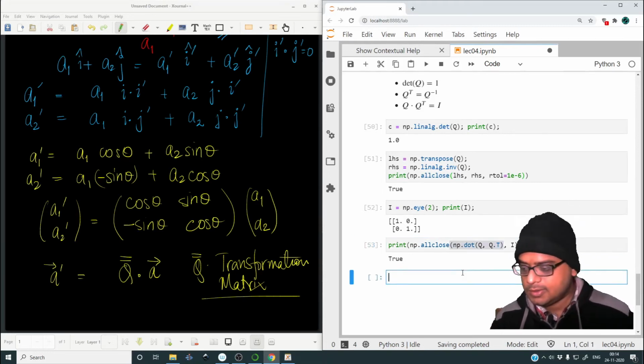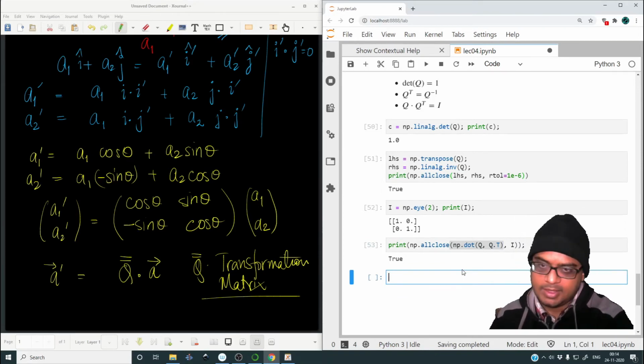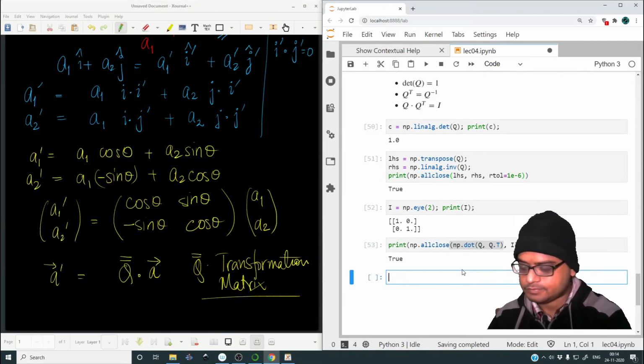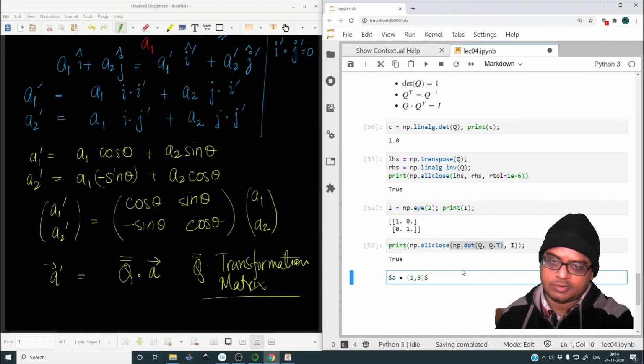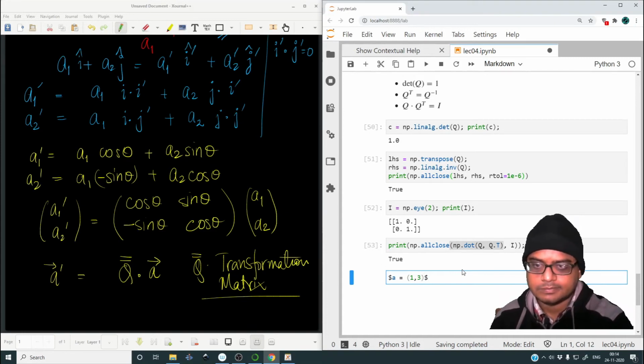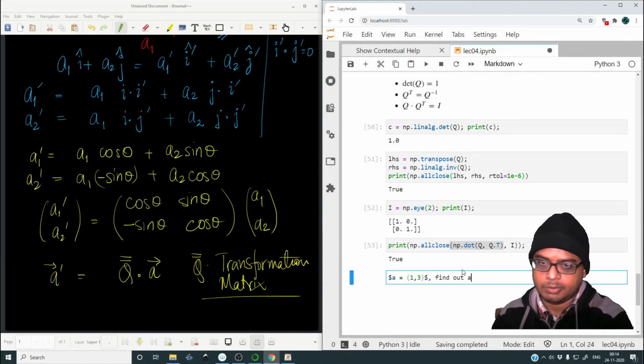All right, so now let us consider a having two components like this. So let a be 1 comma 3 for example. So find out a prime.